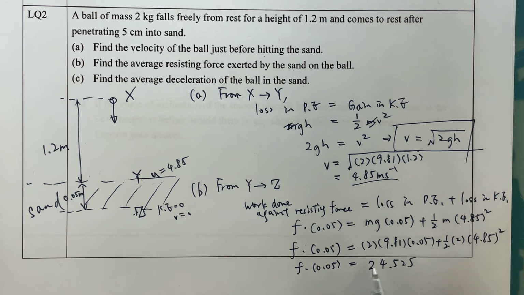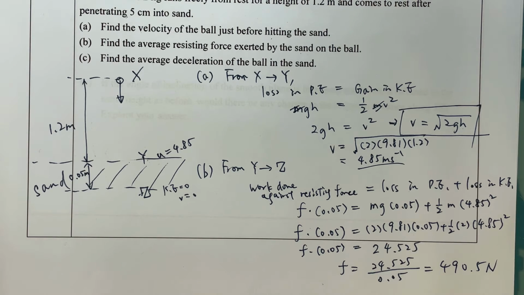So you may try this by yourself, and the friction would be equal to 24.525 divided by 0.05, which is 490.5 Newton. Okay, that's right. So that is the part B.